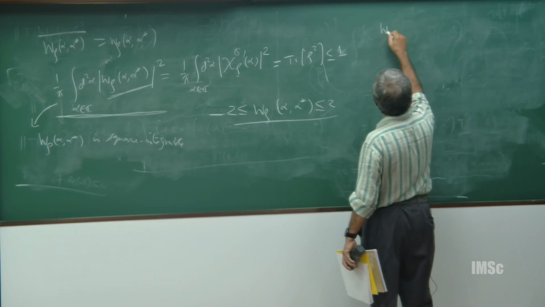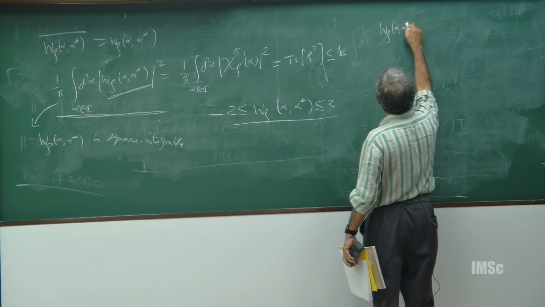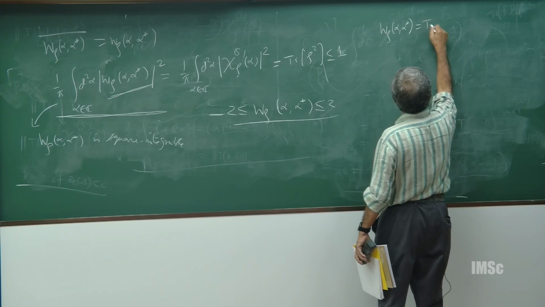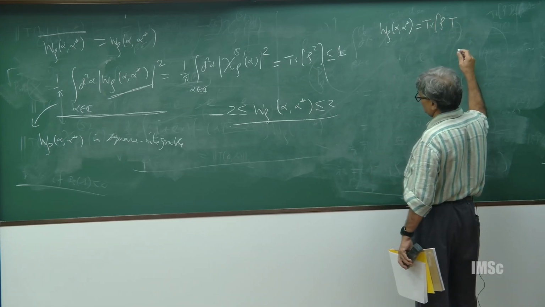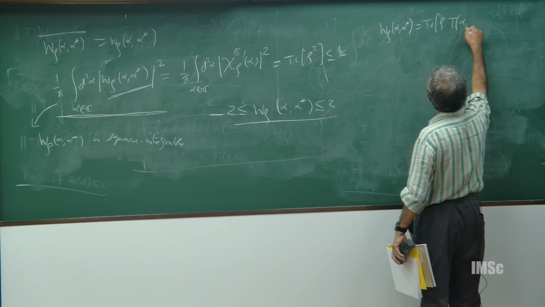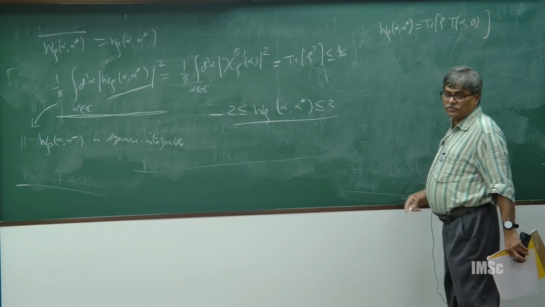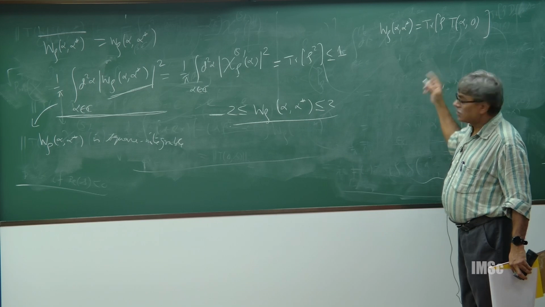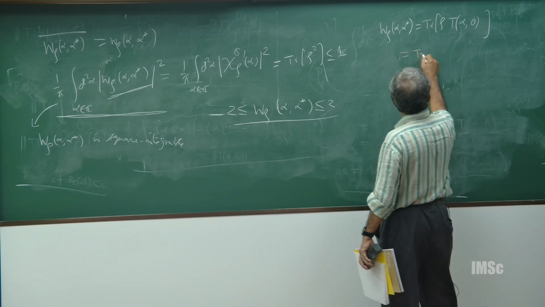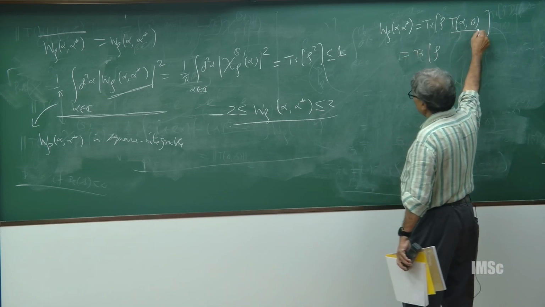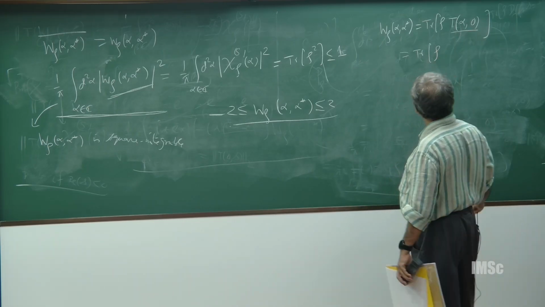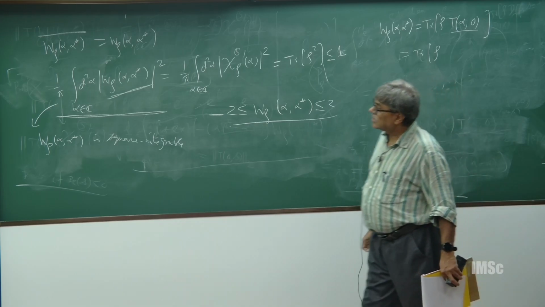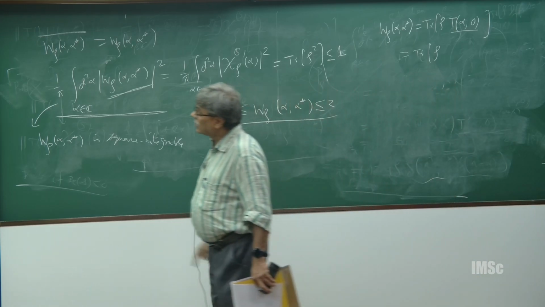What is your W_rho in terms of trace of rho and then T of what is that? Alpha, 0, right? And now this is trace of rho. Now, T of alpha, 0 in terms of the displacement operator, what was that? I have written it somewhere, here, yeah.